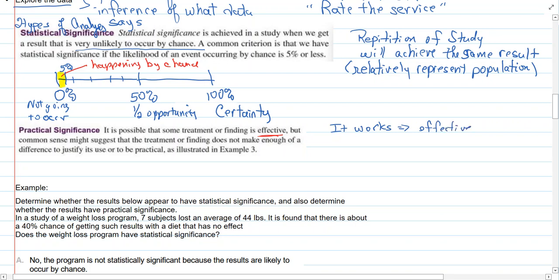But common sense might suggest that the treatment or finding does not have enough of a difference to justify its use.